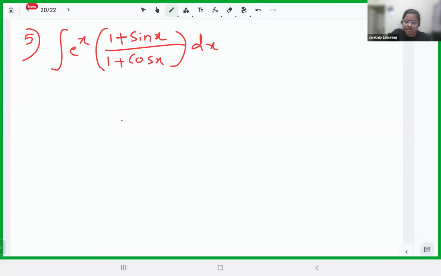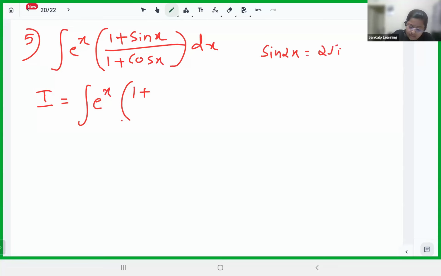Integral e raised x into 1 plus sin x by 1 plus cos x dx. So here, what I'm going to do is let this be I. So this is integral e raised x into 1 plus sin x. For sin x, I'm going to use the identity sin 2x is equal to 2 sin x cos x.